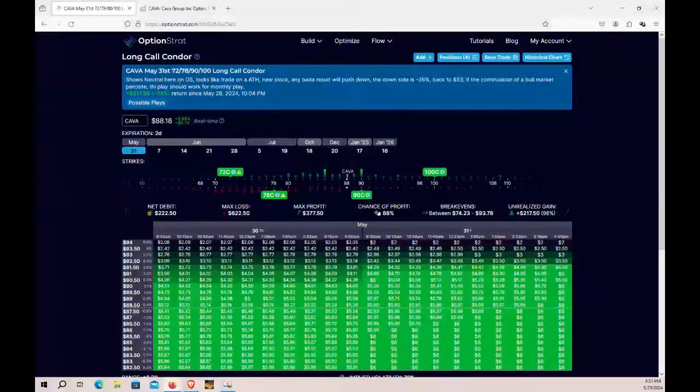It shows neutral here on OptionStrat. Looks like it's trading at an all-time high. New stock. Any bad results, we push down. The downside is 36% back to 53. Continuation, bull market persisted. This play should work for a monthly play. That's what I did for the monthly play, but this would be for the weekly in this perspective, so I just redid it.